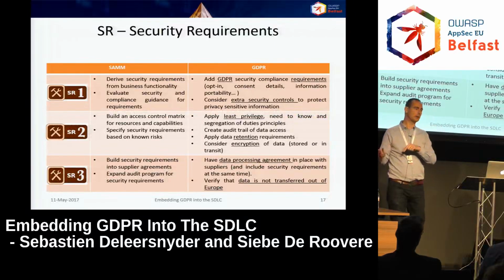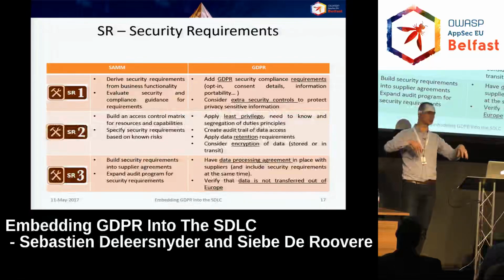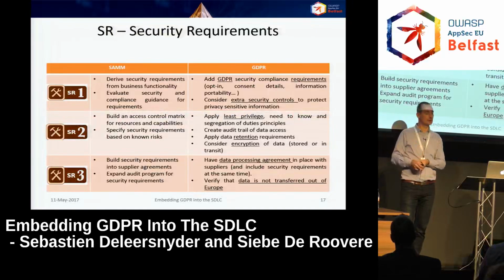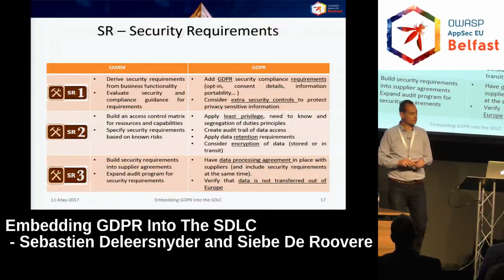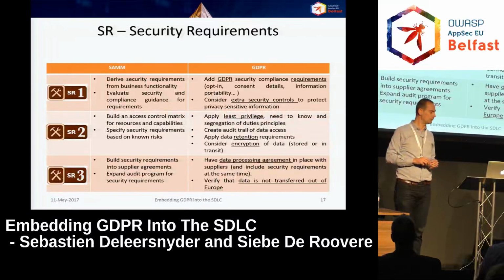Something else to check, which is important in GDPR, is when you use these services and store data all around, to have basic checks to make sure that this data is not transferred out of Europe, because there you need extra security guarantees. So these map very well on security requirements and the different levels of a security practice in SAMM development.